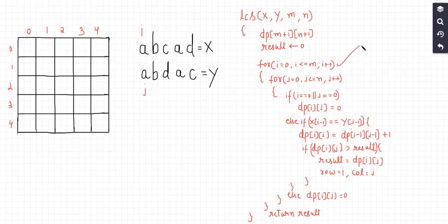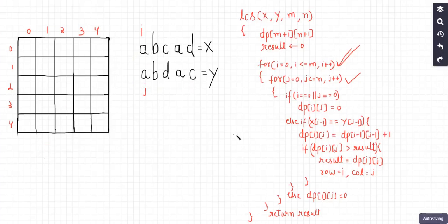So this loop uses the pointer i, and the pointer j is in the nested loop, so for each character i we have to iterate over all the characters j, so as to fill this DP array.